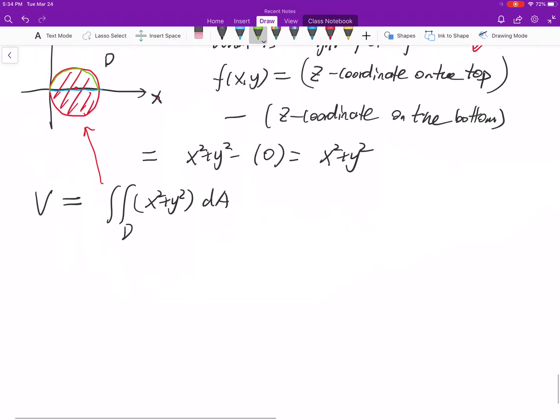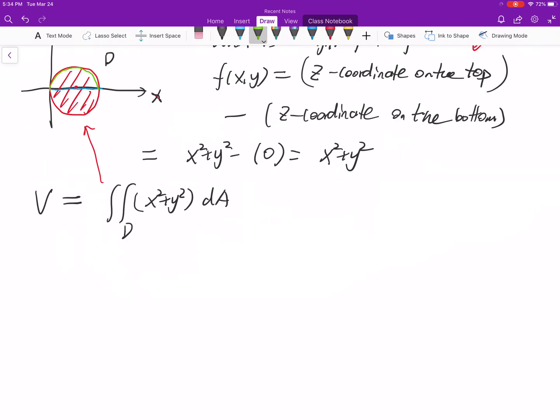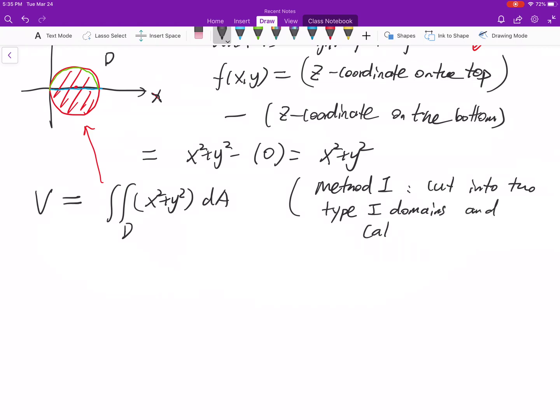Okay, so method 1: cut into two type 1 domains and calculate.